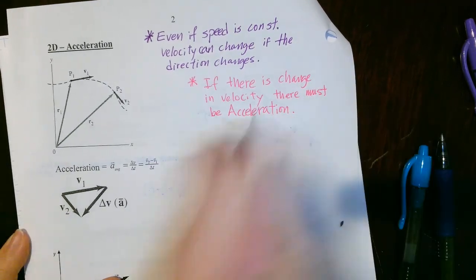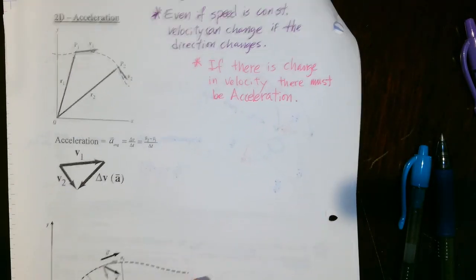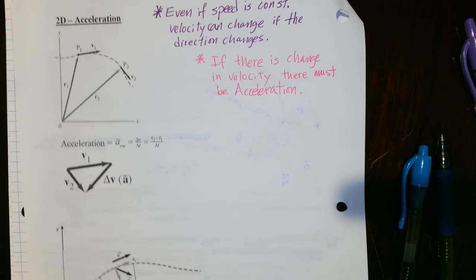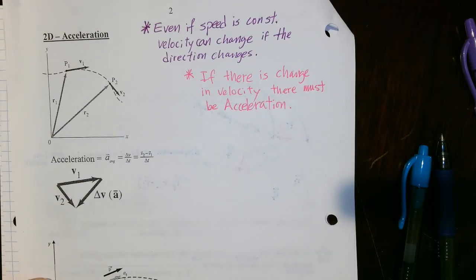There's no negotiation on this. Whether you change the velocity by changing direction or whether you change the velocity by changing speed, whenever there's change in velocity, there's no negotiation about this. There has to be an acceleration going on.